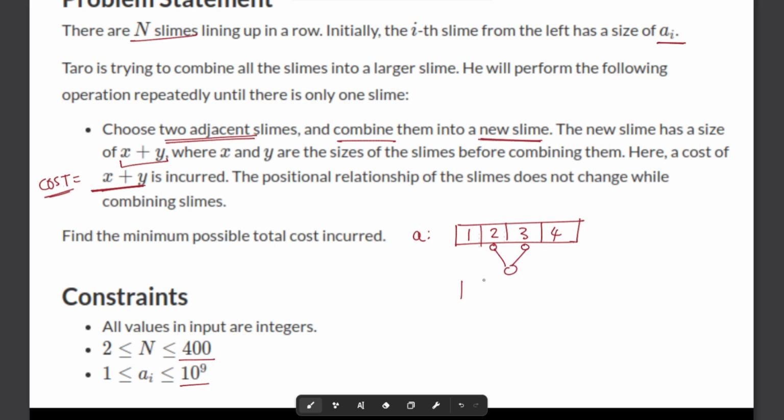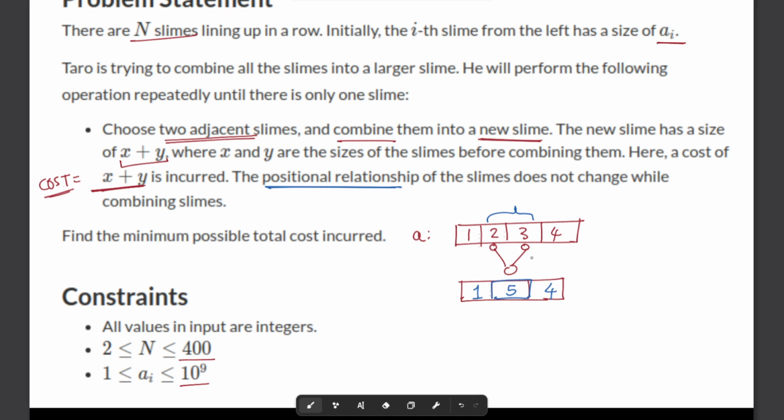This will result in an array of size 3, because we're combining these two into a single slime of size 5, and the other ones remain the same. Since they mention that the positional relationship remains the same, this is what they mean.